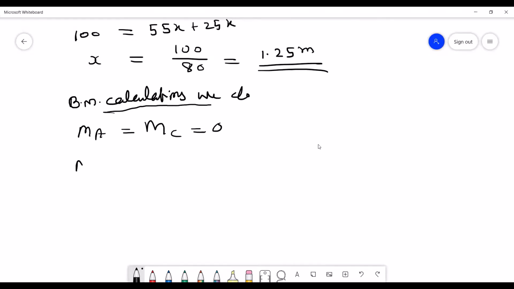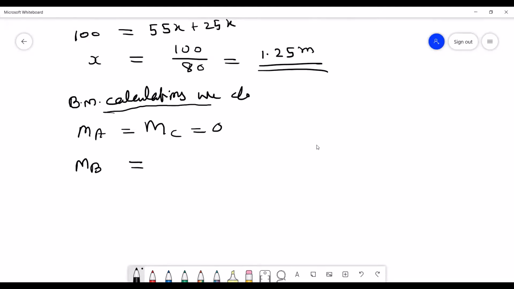Now come to the bending moment at B. At the right side of B, we have the load at C as well as some uniformly distributed load. So let us calculate the bending moment at B.